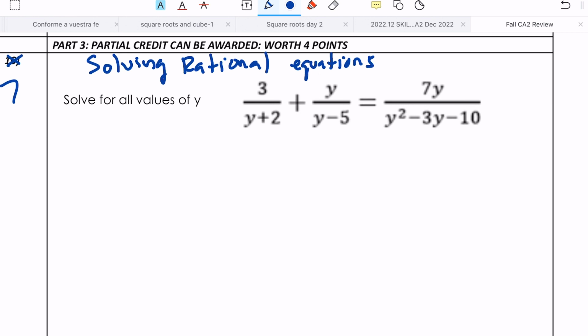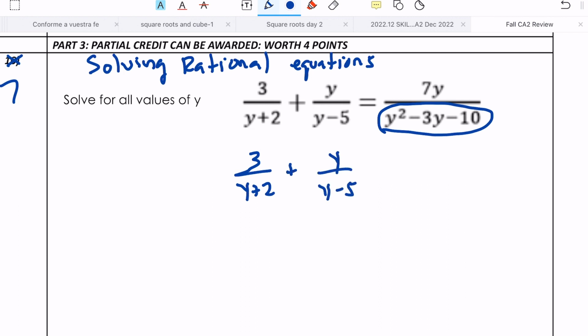we can actually factor this, okay? We're going to factor this and see what that is. So that's going to be 3y plus 2 plus y over y minus 5. The factors of negative 10 that add up to negative 3.